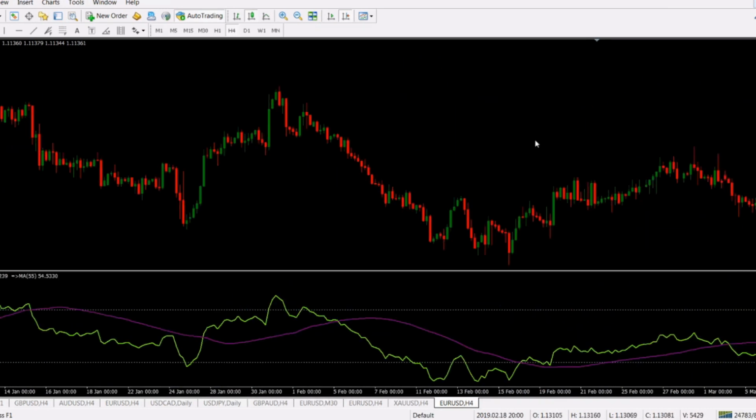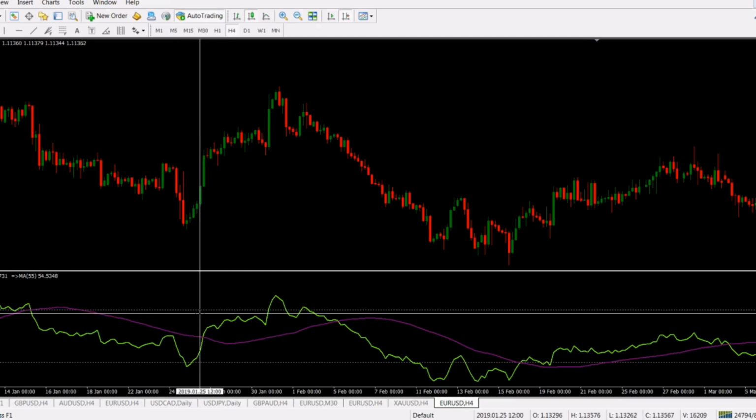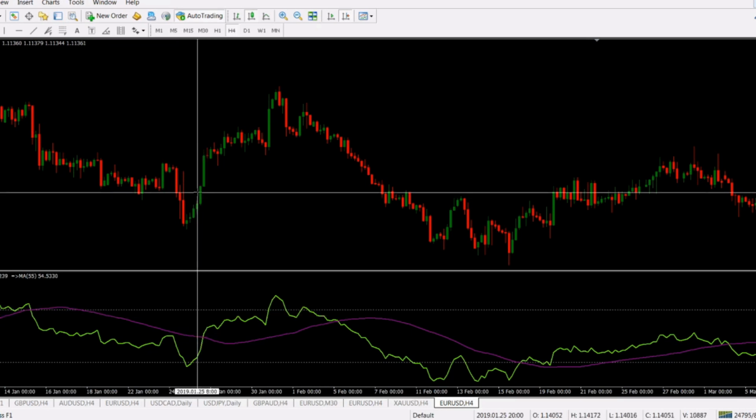You can try it. The next thing you can do with this CCI, guys, is apply a moving average to the indicator, and it will give you a clear picture of the market, so you will know when to buy and when not to buy. It's even better. So look here. We got a signal over here on this candle.